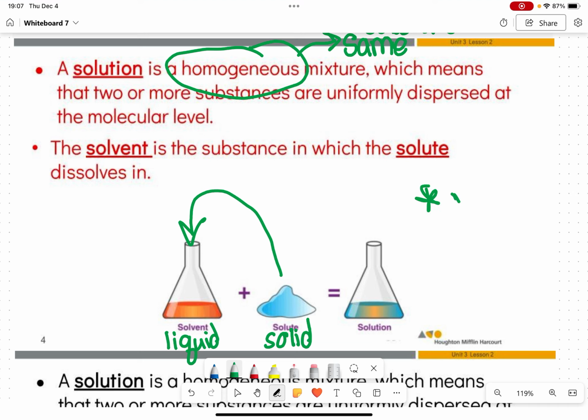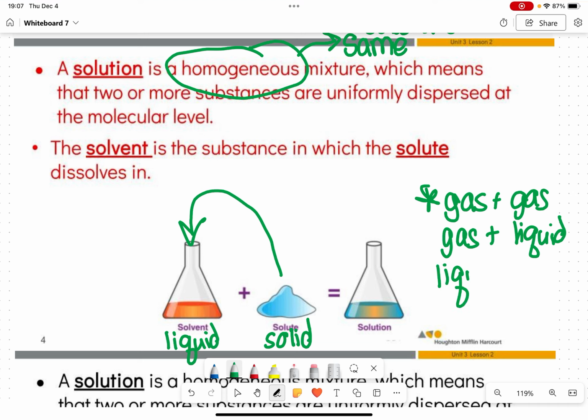Sometimes you have gas and gas. Sometimes you have gas and liquid. While most times it is solid and liquid, you will have other things too. The other one is liquid and liquid.